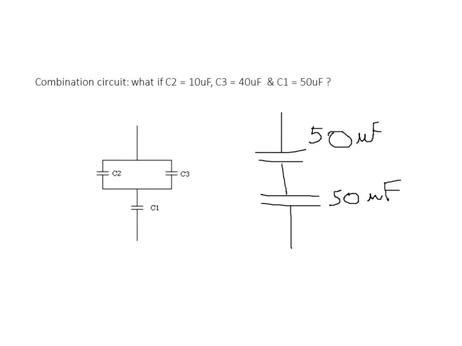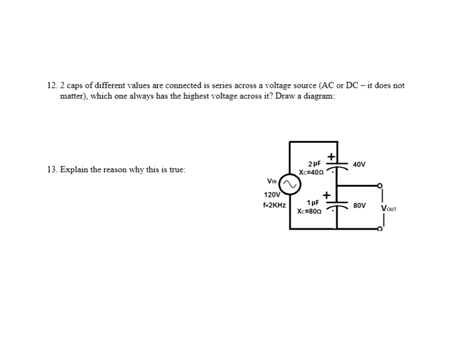So the total capacitance of these right here is 50, because I'm adding C2 and C3, 10 and 40 microfarad. And then I have that in series with a 50 microfarad. So 50 in series with 50 would be actually a 25 microfarad. Now, these aren't going to be the same values, but I'm certain you're going to see a problem like this on your employee entry examinations or the CET exam.